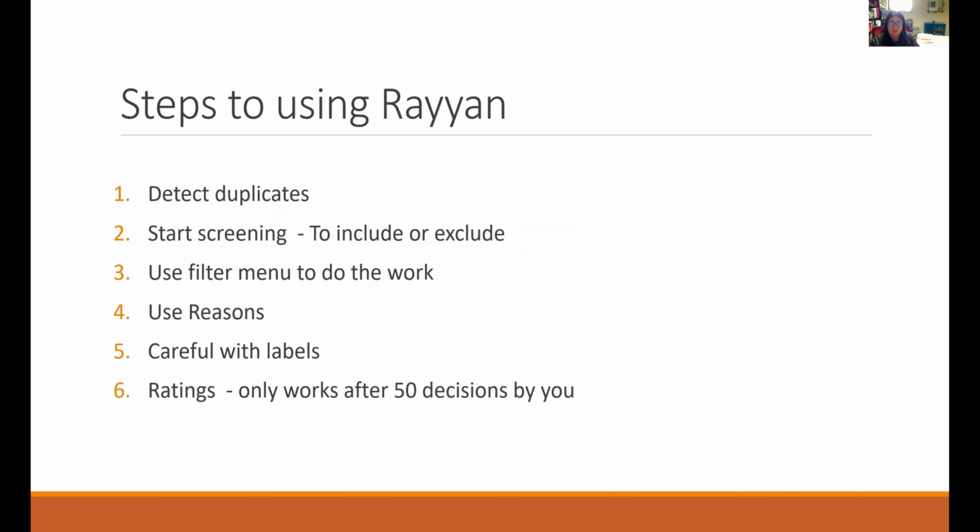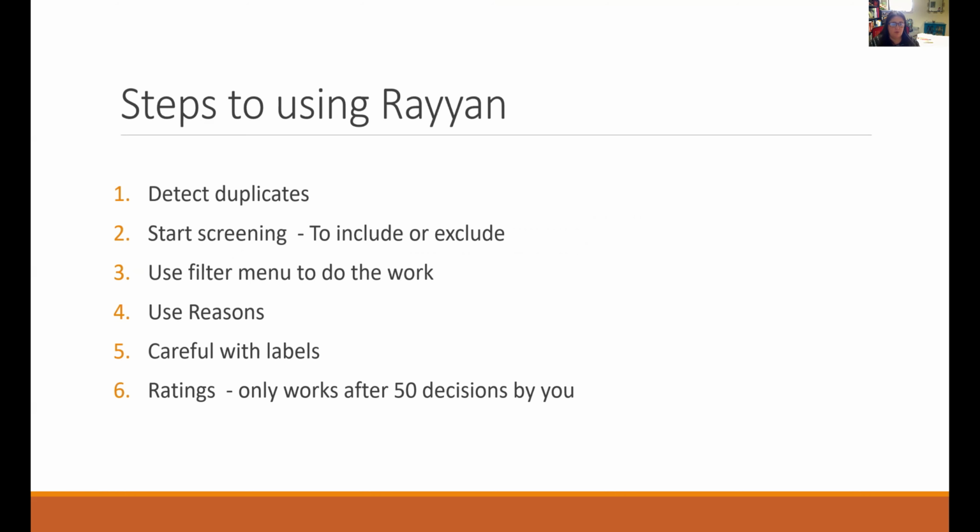And then so our steps to using Rayyan, we're going to use our detect duplicates button first. Then we're going to start screening to include or exclude. We're using the filter menu on the left to do some of the work. I'll show you how to do all these steps.